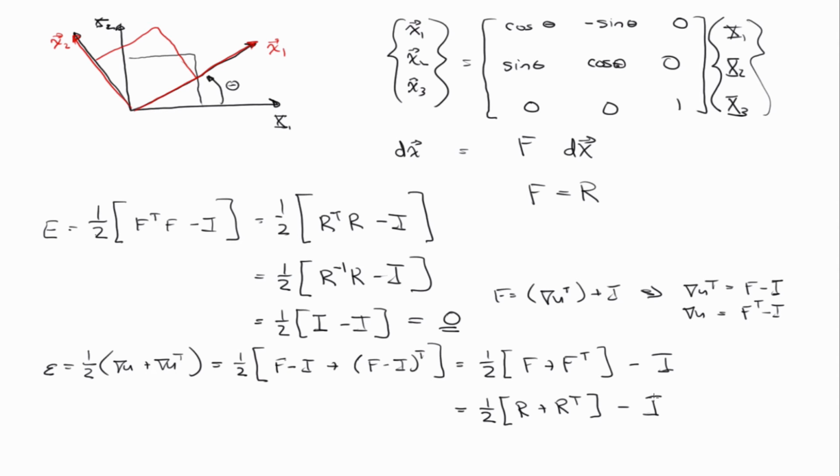When is that 0? The only time it's 0 is when R equals I, right? If R equals I, there's no rotation. So if there's any rotation at all, that's non-zero, right?